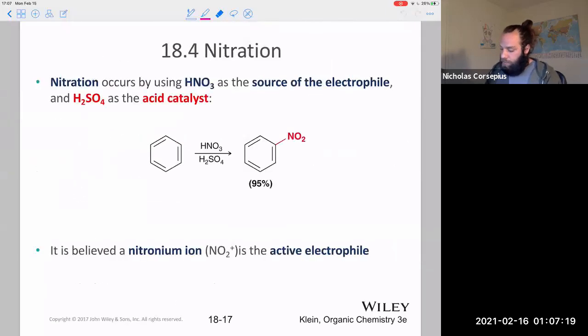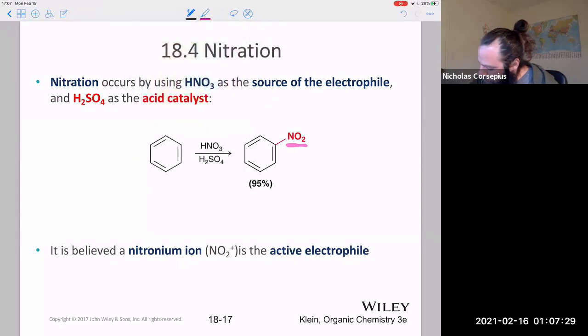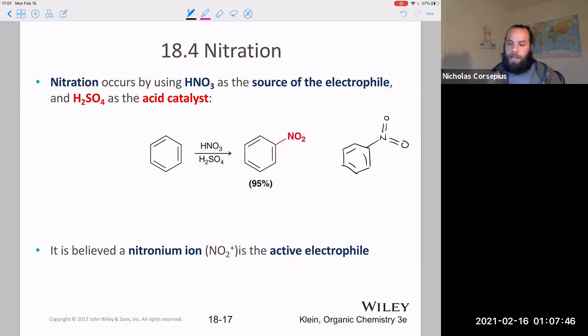All right, and the last one is a nitration, or putting a nitro group onto our benzene. One thing I just want to say real quick about these nitro groups and the discussions in this chapter and built into Canvas: I was very sloppily drawing my nitro groups like this, which is basically wrong.